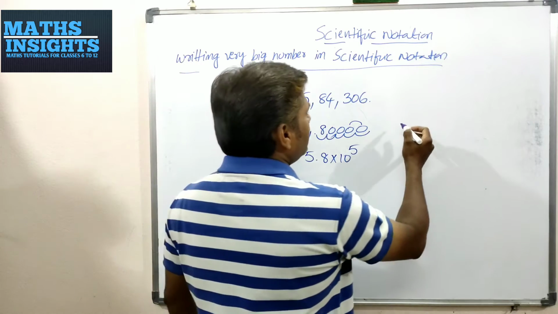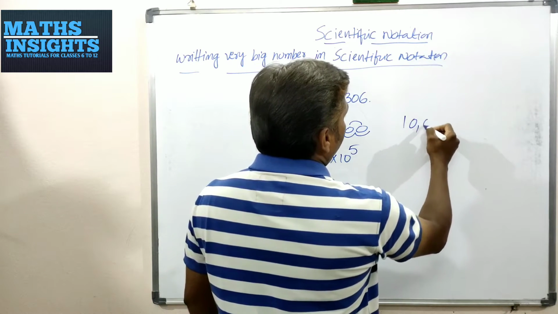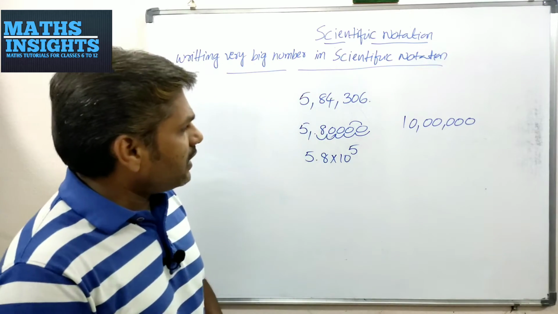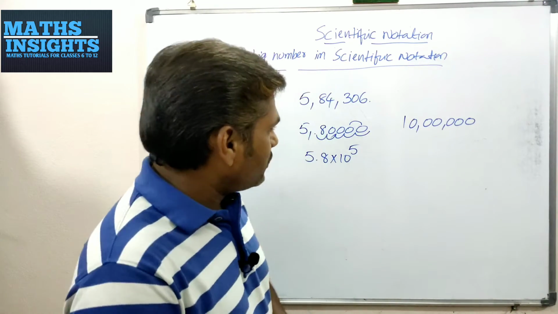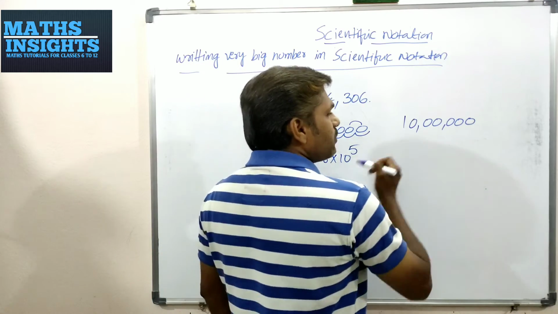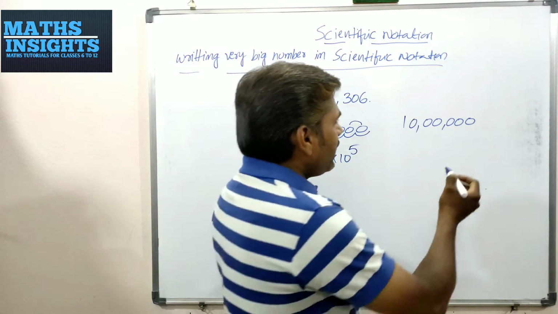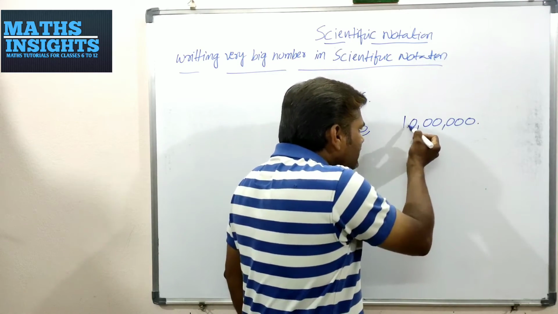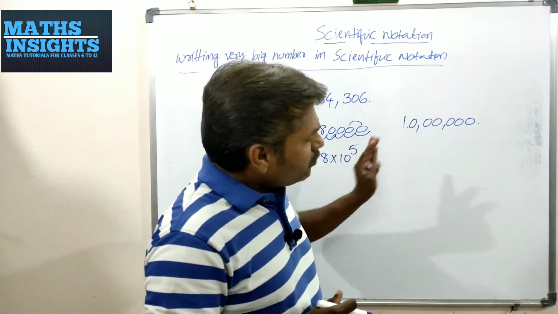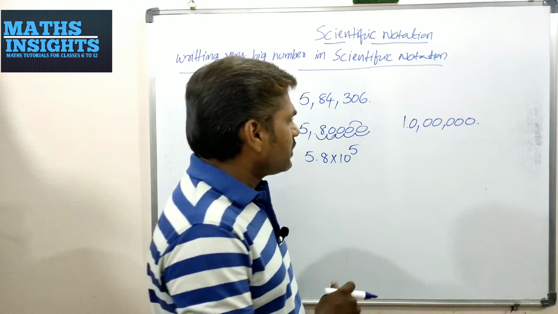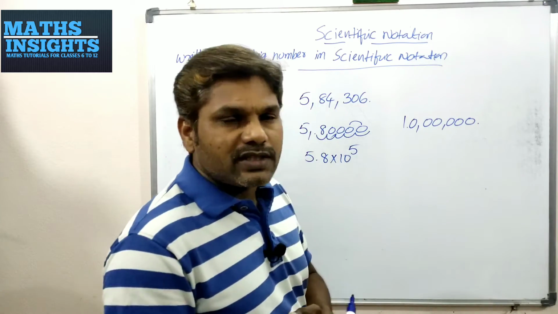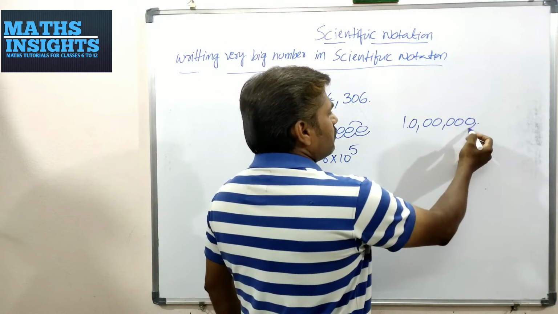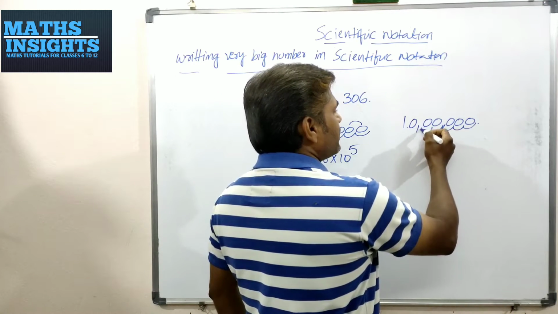If you take another number, 10 lakh, in this 10 lakh there are 6 zeros. I want this number in scientific notation. Actually, the decimal point is here. I will put that decimal point here and remove all those zeros. Count how many places the decimal point is moving towards the left: 1, 2, 3, 4, 5, 6.